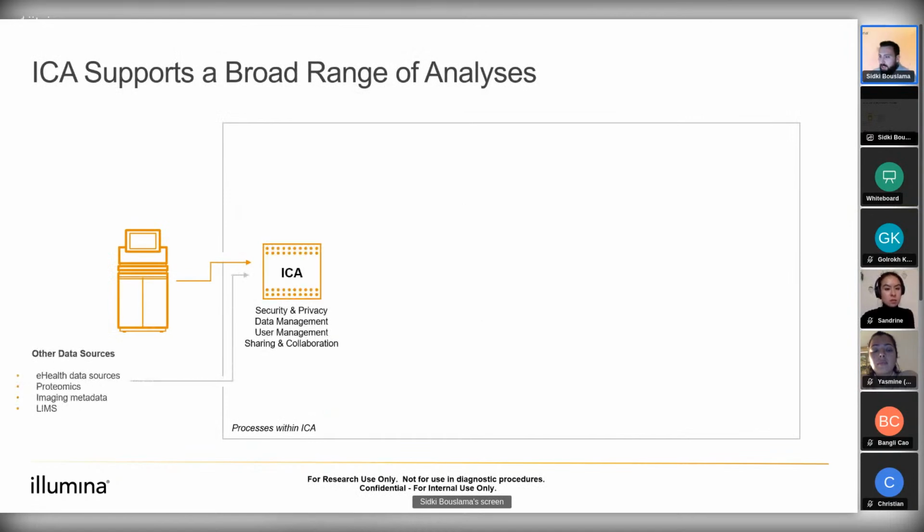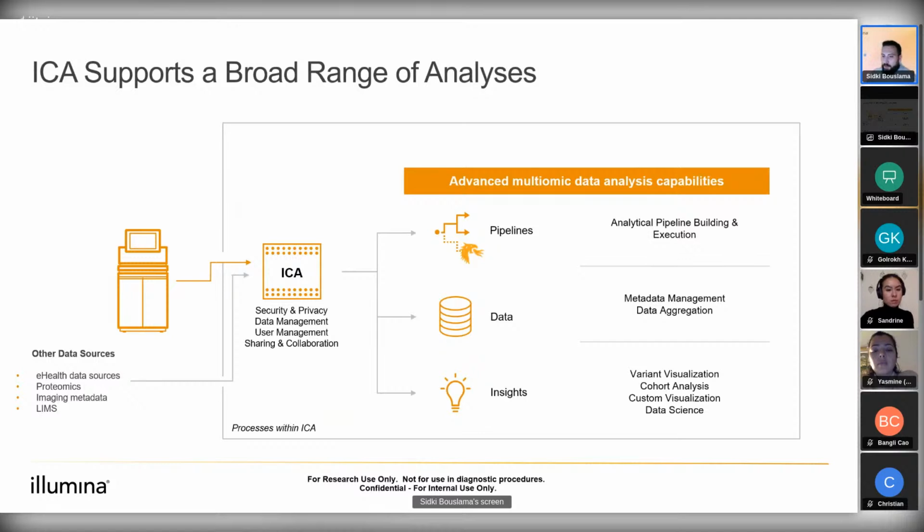So this is the vision. Essentially, we built a platform that has a seamless integration, obviously with our sequencers. We are Illumina, but also that can make life easier to integrate any type of data. The platform is data agnostic.